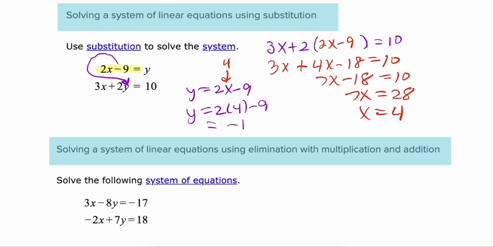So you should write your answer as an ordered pair. Our answer would be (4, negative 1). So if one of your equations says x equals or y equals, substitution is a really good tool to use. Okay? You're not done until you've found both variables.